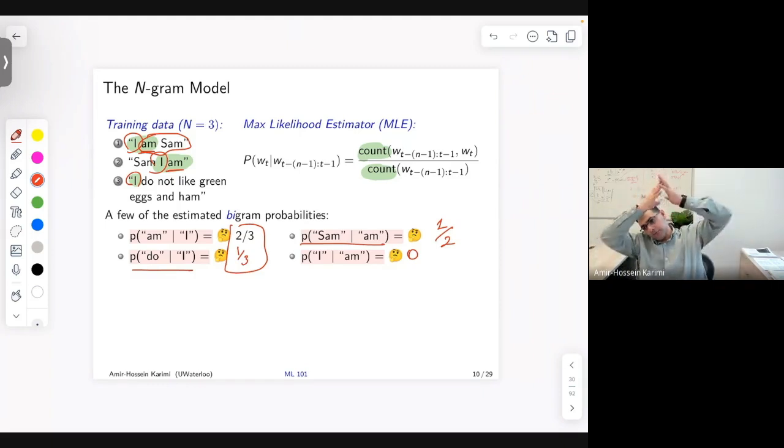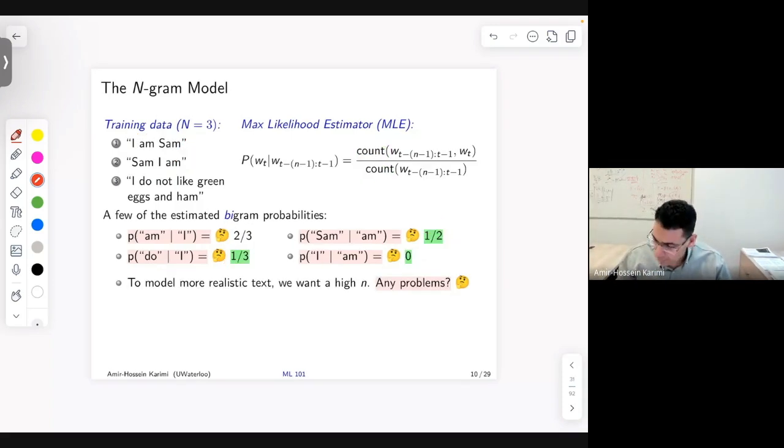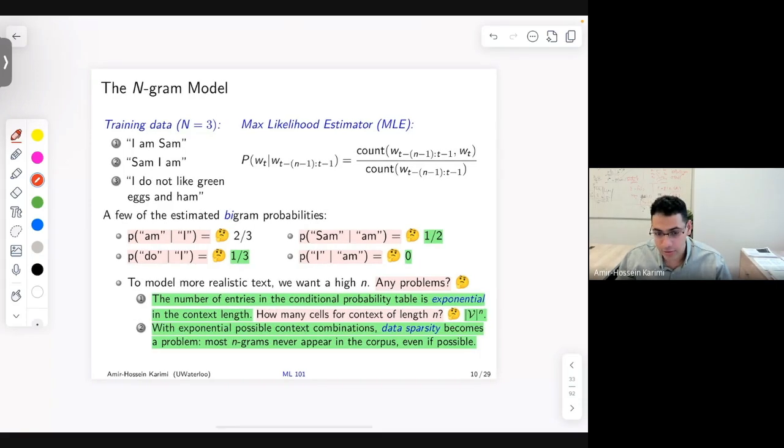We said we have V, the size of the vocabulary, columns and V squared rows for a trigram. If you extend that for a general n-gram, that's V to the power of n minus 1 rows. Multiply rows and columns together, you ultimately get V to the power of n different cells within your conditional probability table whose values you have to estimate.